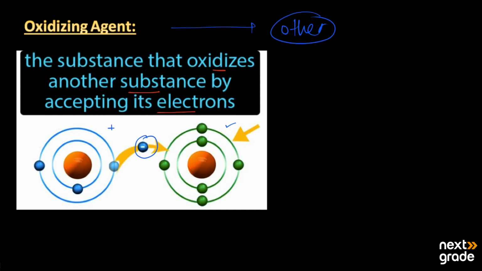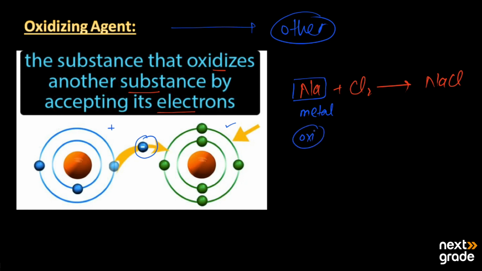Likewise, if we have a simple reaction of sodium plus chlorine, sodium chloride is formed. You have to notice that sodium is a metal, and it loses electrons. As it loses electrons, it means it undergoes oxidation. Chlorine accepts the electrons, so here one substance is undergoing oxidation and the other substance is undergoing the process of reduction.